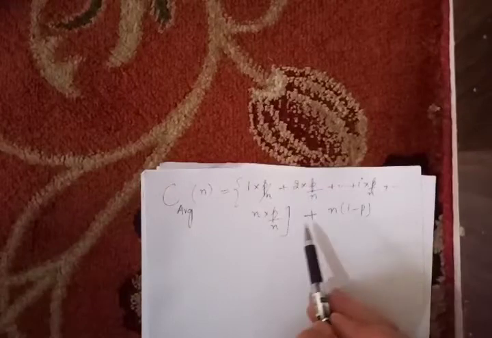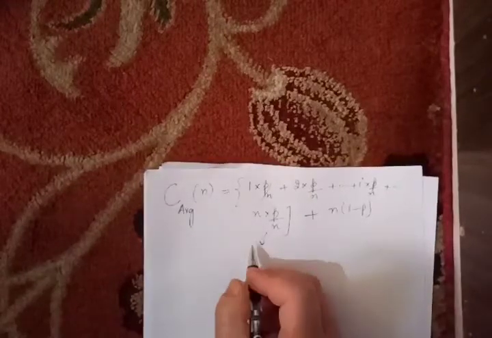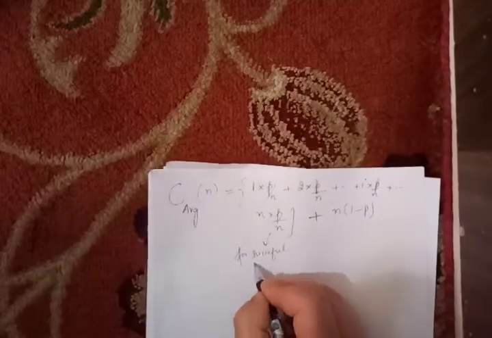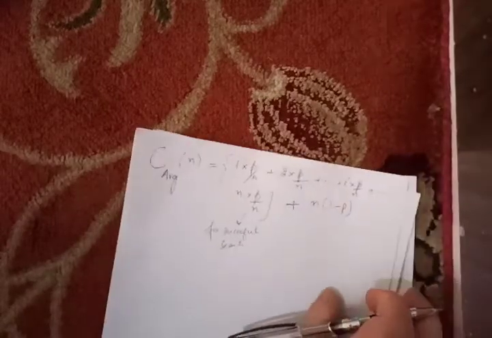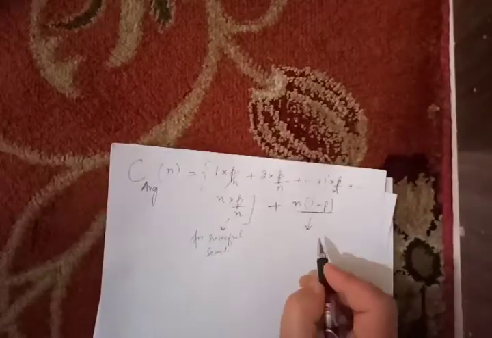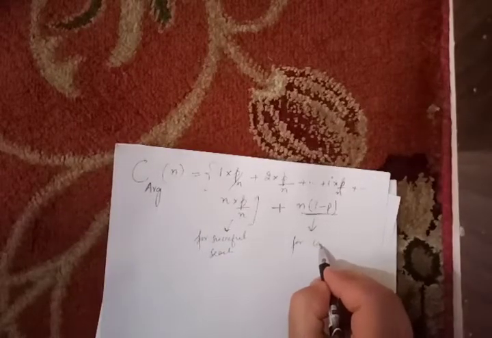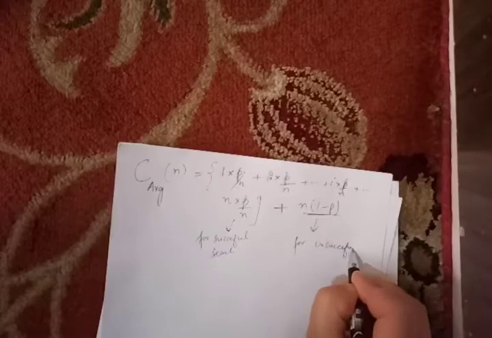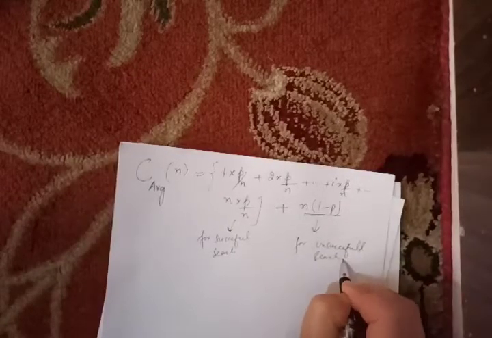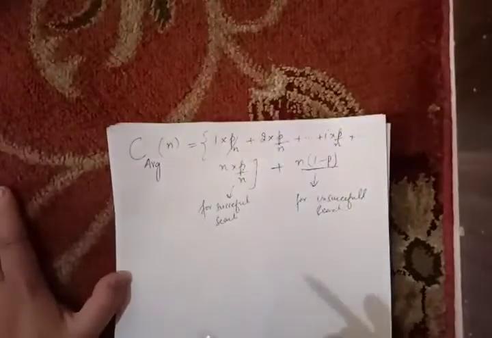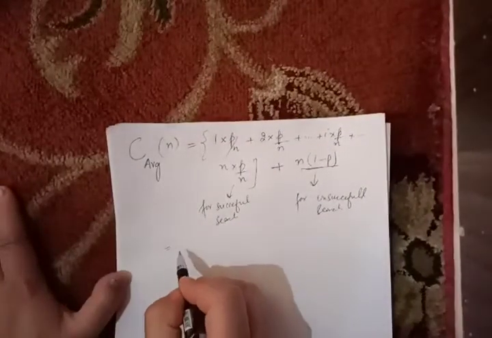The first half up to this is the probability for successful search, and this term will give us the average case for the unsuccessful search. Clearly from this we know that P by n is common everywhere, so we can put that out.